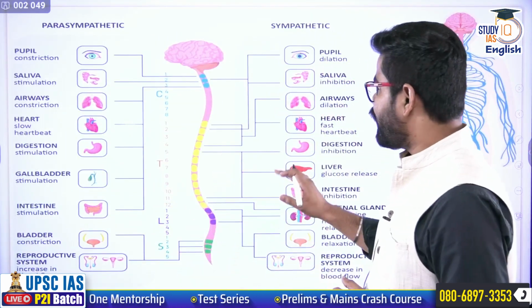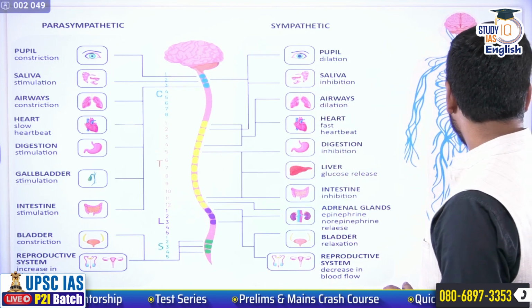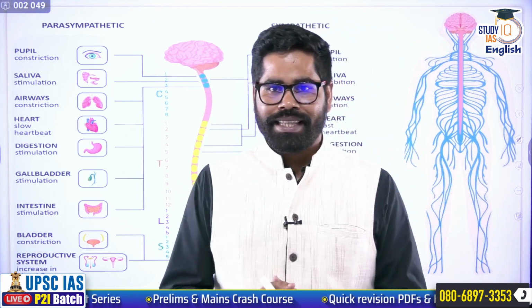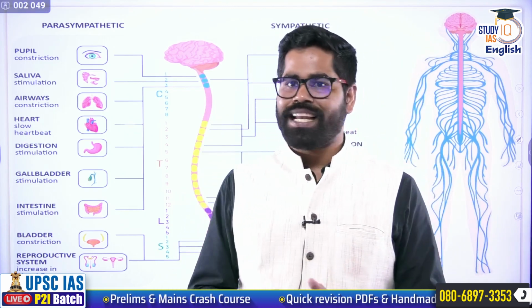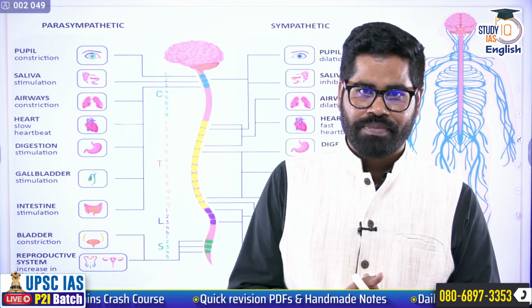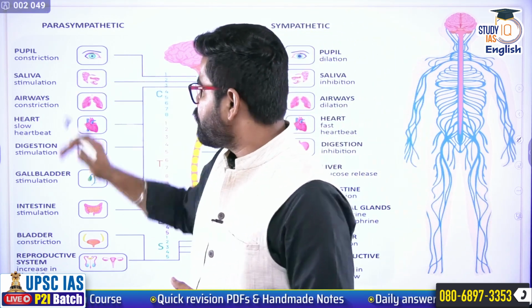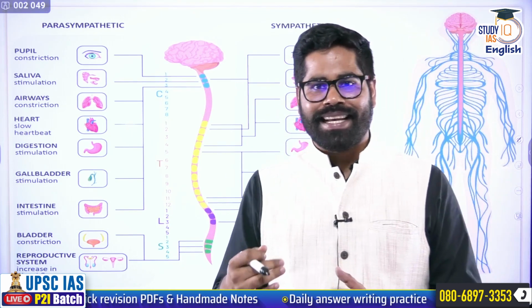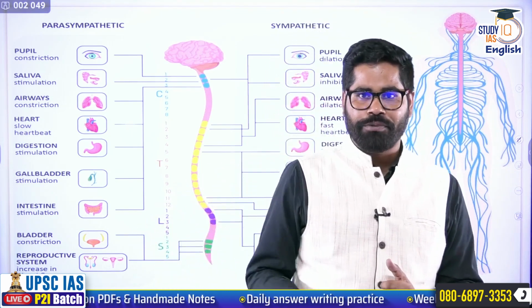On the first hand, if we talk about our nervous system, there are 2 types of responses, 2 types of behavior. One is called parasympathetic and the second is called sympathetic.